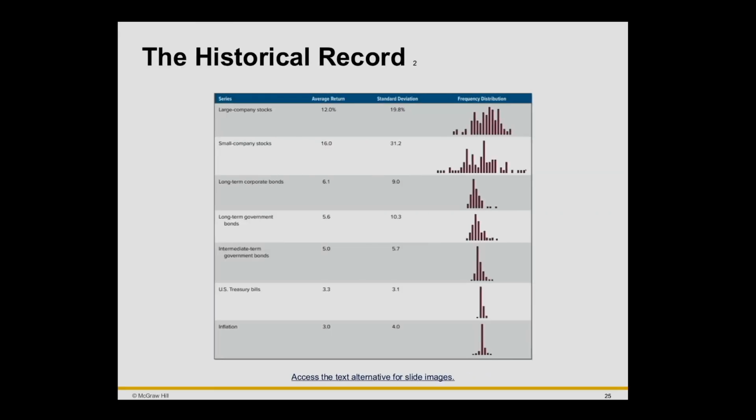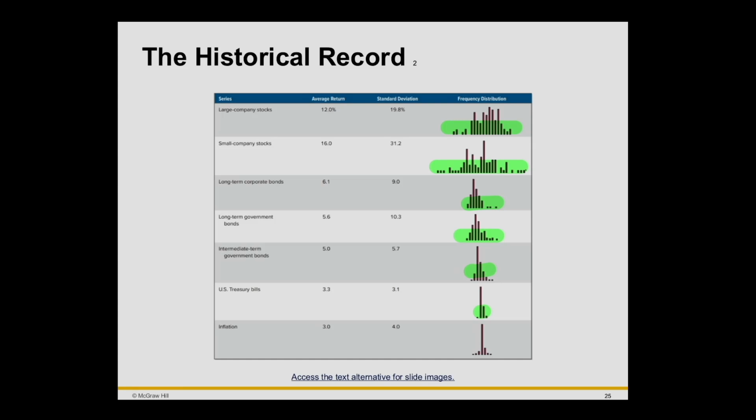Going back to that historical record, what they've done here is they've put all of the asset classes together. We can see that clearly the most volatile would be our small company stocks, followed by large company stocks, a little bit less volatile, and then corporate bonds considerably less volatile, long-term government bonds a little bit, not too much different really, frankly, and then intermediate bonds as well as short-term bonds.